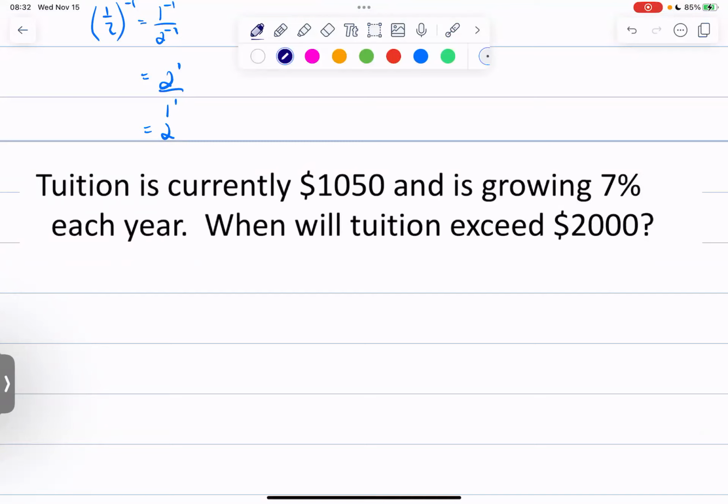We're drawing on the general formula for exponents. So here, let's call it T of t. Why not? Tuition as a function of time. You can use f of x if you want, but sometimes I just like to get fancy. Is a times 1 plus r to the power of t.